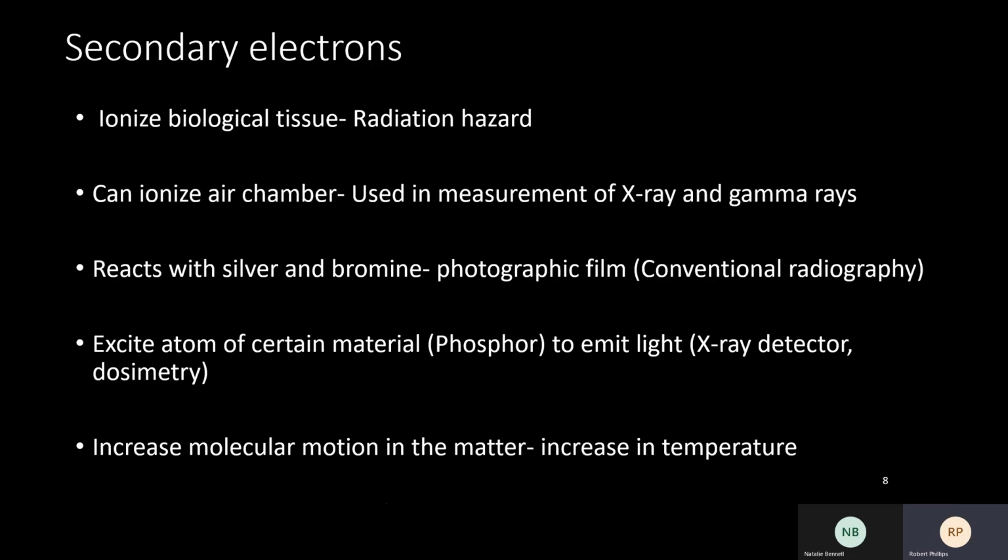They can excite phosphors, a group of materials, to emit light, and those materials are used in X-ray detectors and CT detectors. Finally, they can increase molecular motion of matter and increase its temperature. But today we are going to talk about secondary electrons and their effect on biological tissue.